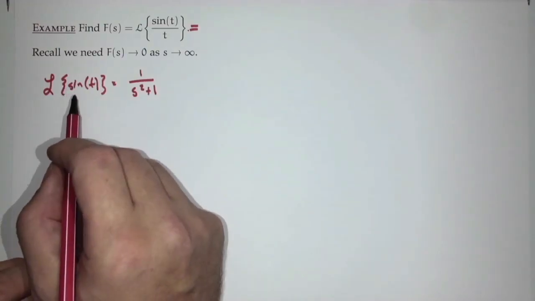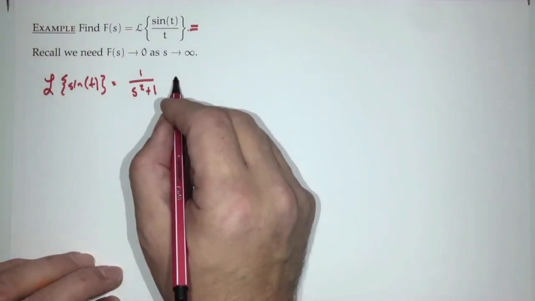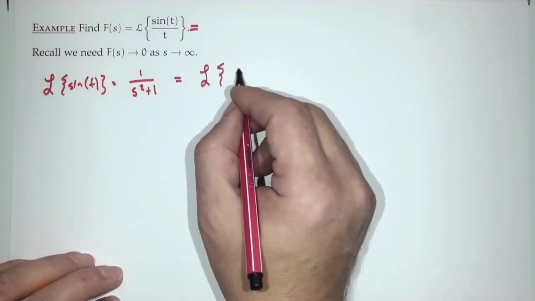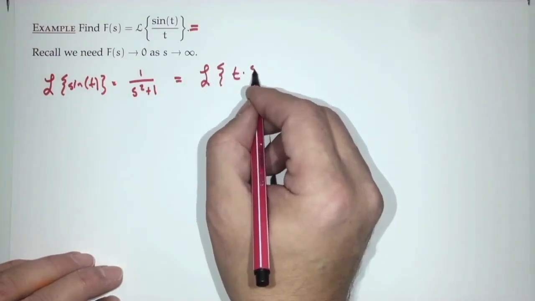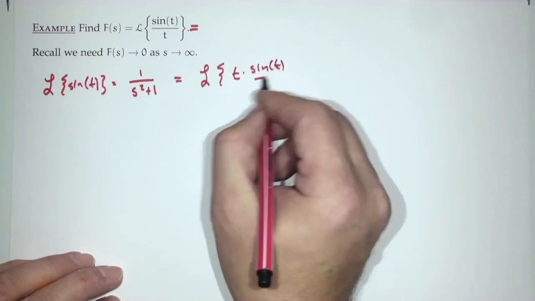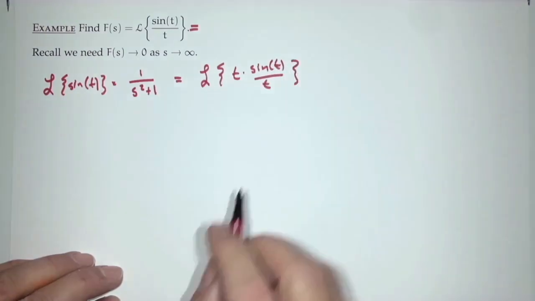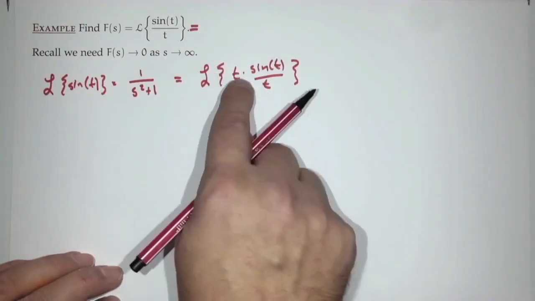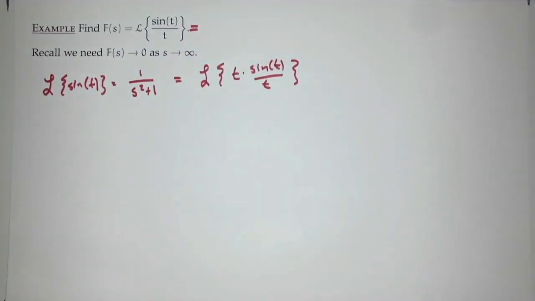The Laplace transform of sine of t is 1 over s squared plus 1. Now, that is the same as the Laplace transform, and check this out, of t times sine of t over t. Now, why is that? The t's cancel. Multiply by t, divide by t. You haven't done anything. Yeah, exactly. Good.